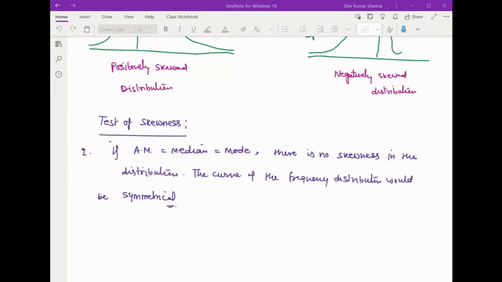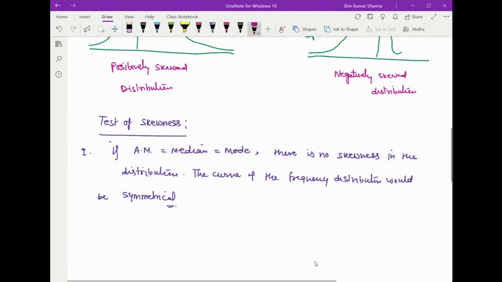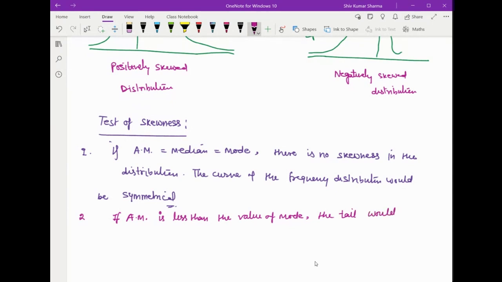So for the second point, we write: if the arithmetic mean is less than the value of mode, then the tail would be on the left or right side.